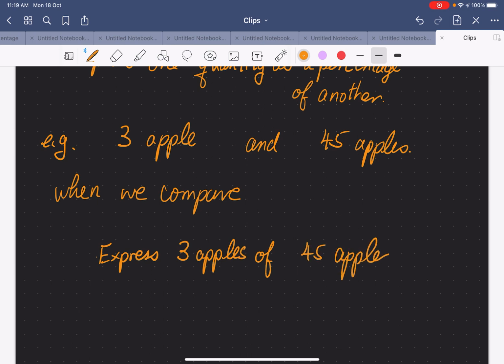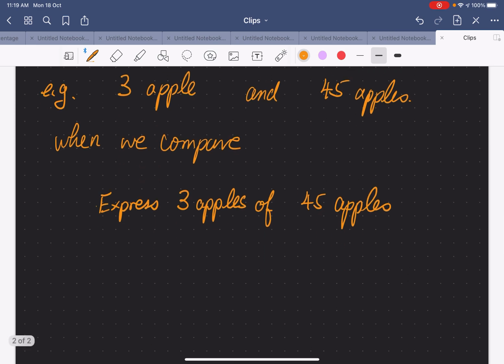Of is the major word here. So this is the main character. We use this to compare.